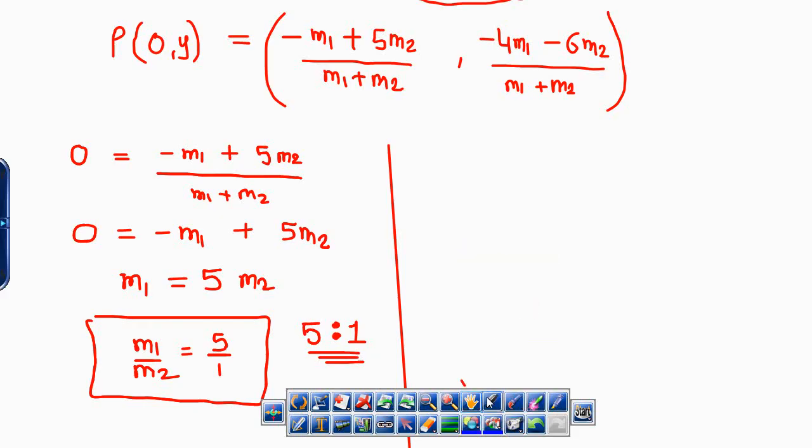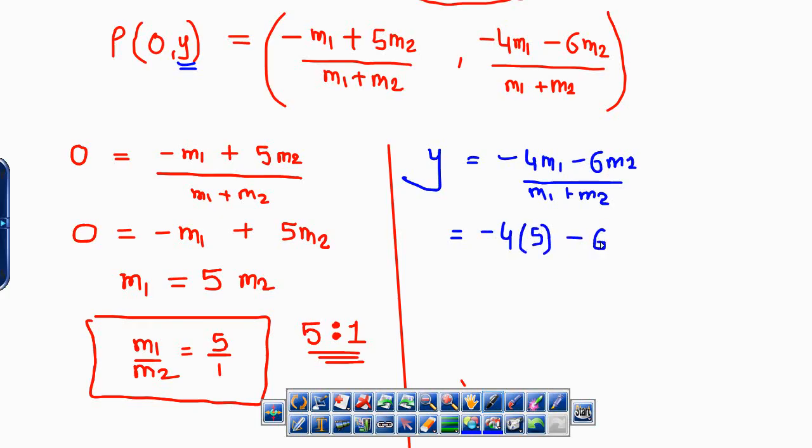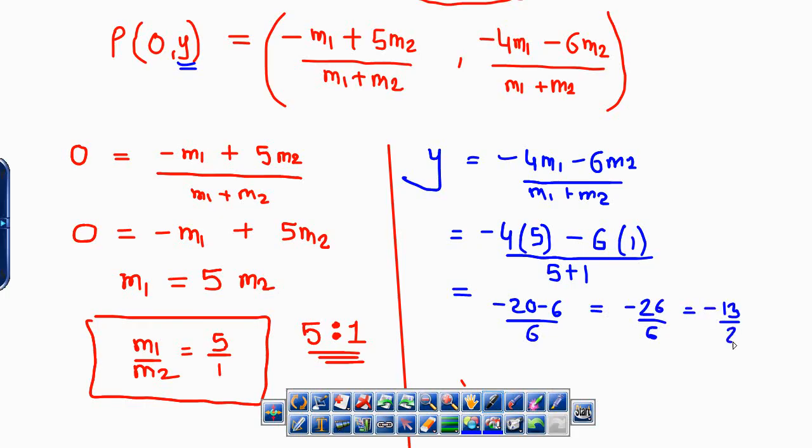Then we will compare the y coordinate. The y coordinate on the left side is y, and on the right side is (minus 4 m1 minus 6 m2) upon m1 plus m2. m1 is 5, m2 is 1. So minus 20 minus 6 upon 6, minus 26 by 6, minus 13 by 2.